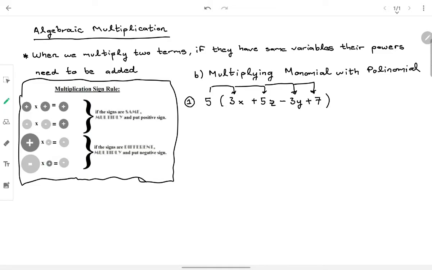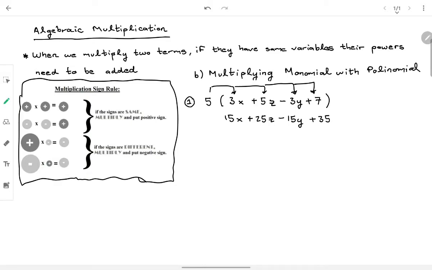So 5 multiplied by 3x is going to be 15x. 5 multiplied by 5c is going to be 25z. 5 multiplied by minus 3y is going to be minus 15y. And 5 multiplied by 7 is going to be plus 35.